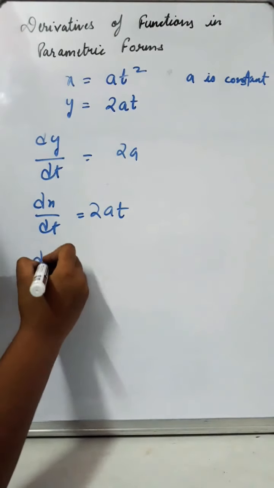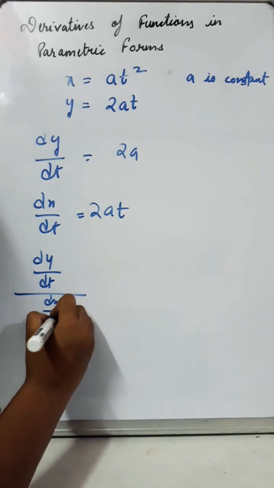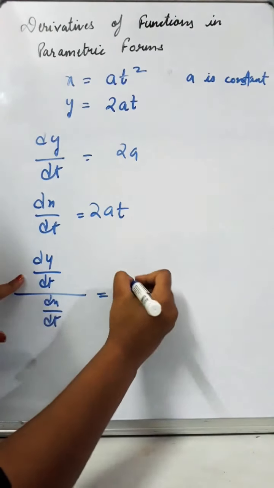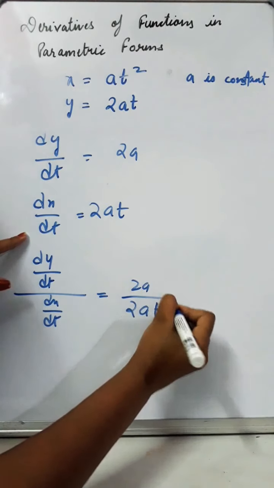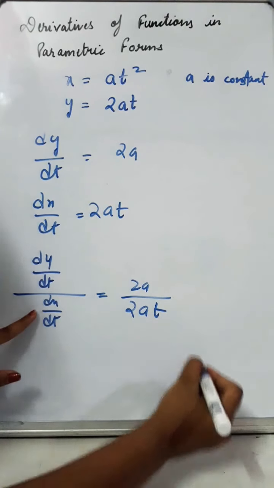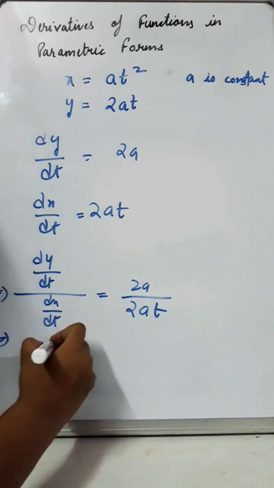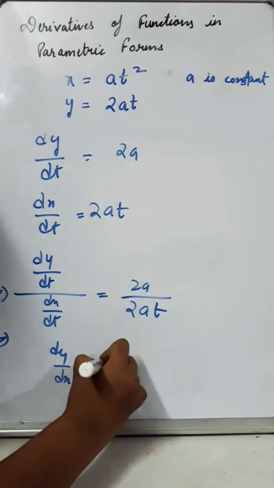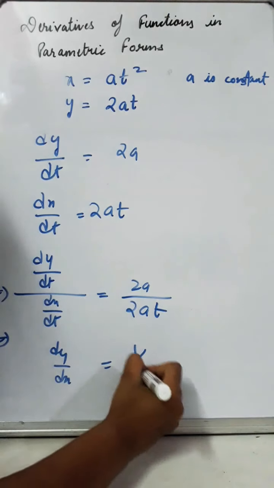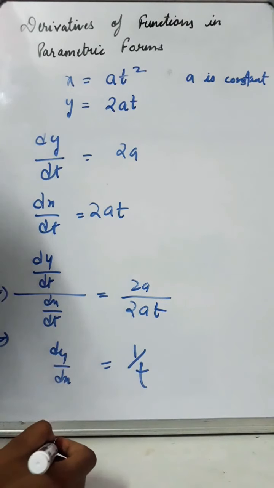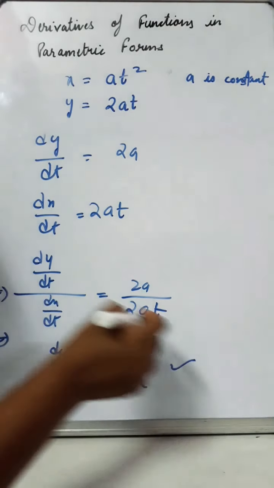Divide both of them: dy dt whole upon dx dt, where dy dt is 2a and dx dt is 2at. This results in dy dx, and here it comes like 1 upon t, because 2a gets cancelled. So ultimately your dy dx is 1 upon t. This is your required answer.